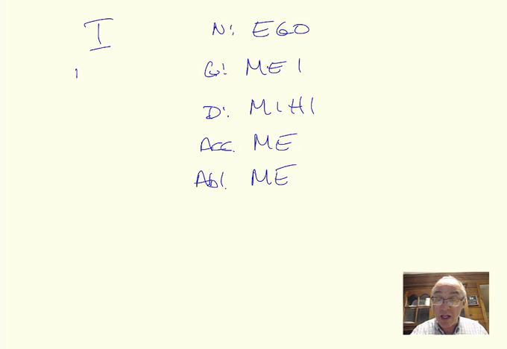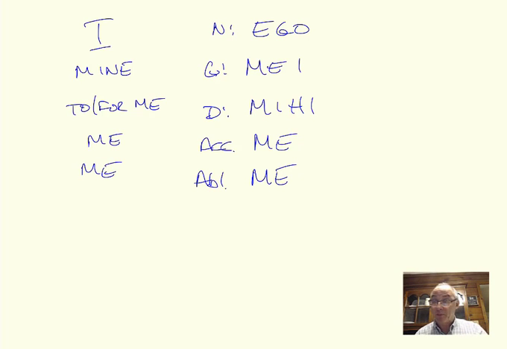In other words, I, mine, to or for me, me, the direct object, or me with prepositions. These are the forms of I. Ego, mei, mihi, me. Not terribly difficult to remember.